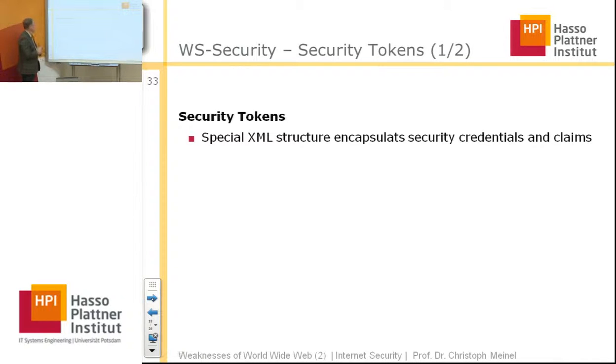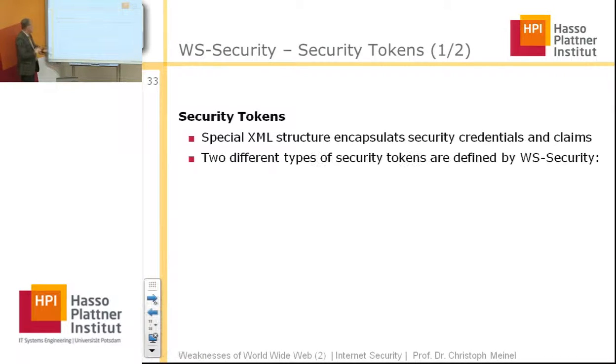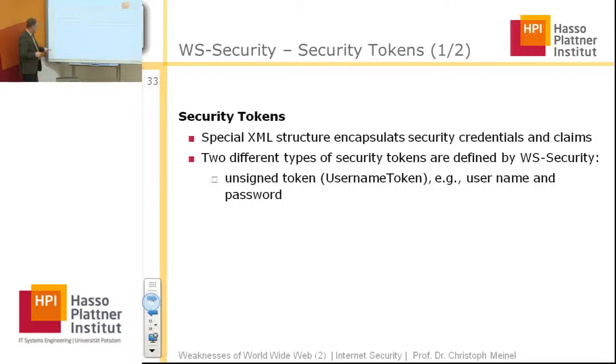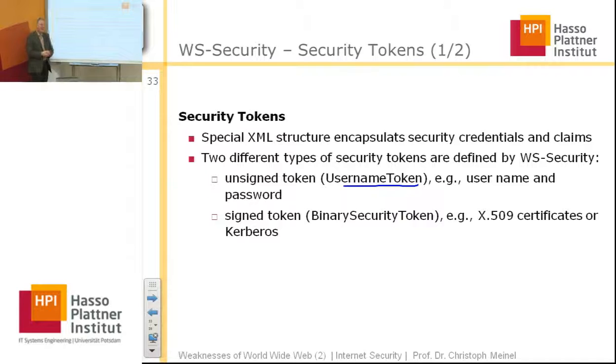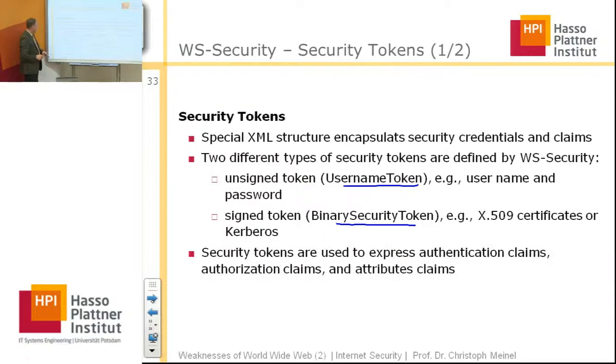So a few words about security tokens. These are special XML structures that encapsulate the security credentials and claims. There are two different types of security tokens, which are defined by the Web Service Security Standards. There are the so-called unsigned tokens, that's the so-called username token. That's the username and the password. And the second type of such a security token is a signed token, the binary security token, and here it comes with an X.509 certificate or Kerberos.